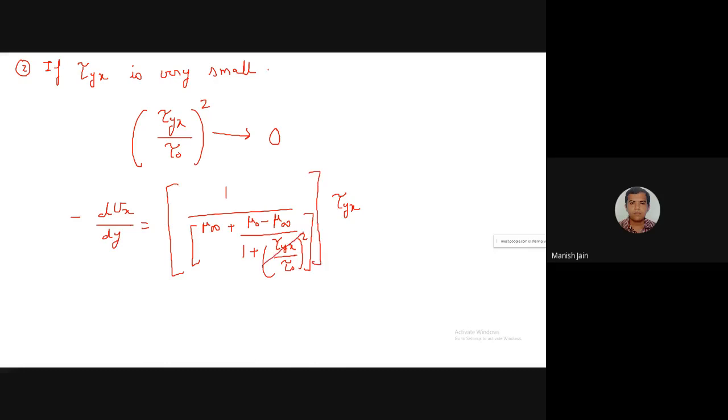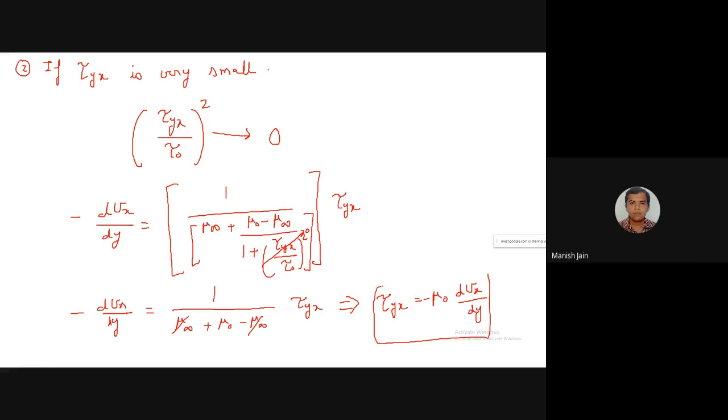Now this term is equal to 0. So your equation will become dvx by dy equal to 1 divided by mu infinite plus mu naught minus mu infinite, multiplied by tau yx. So mu infinite will be cancelled out and you will get tau yx equal to minus mu naught dvx by dy.